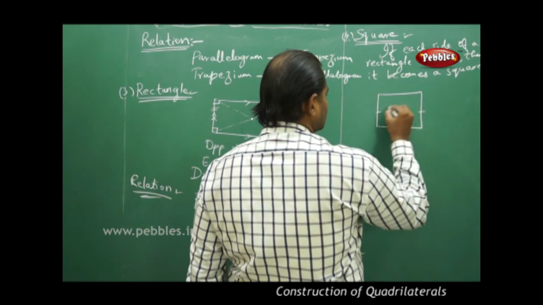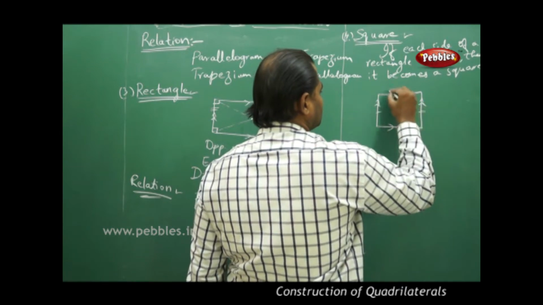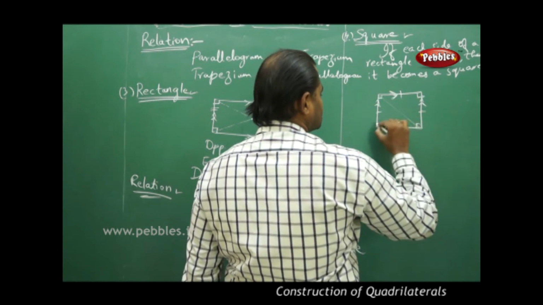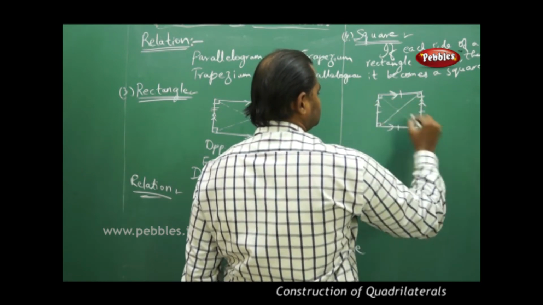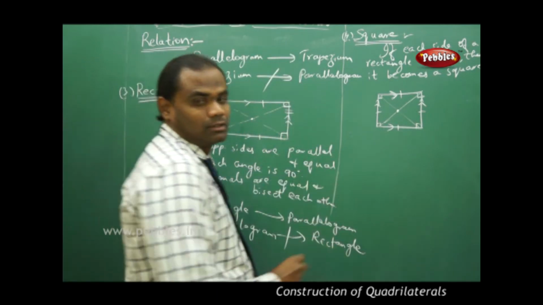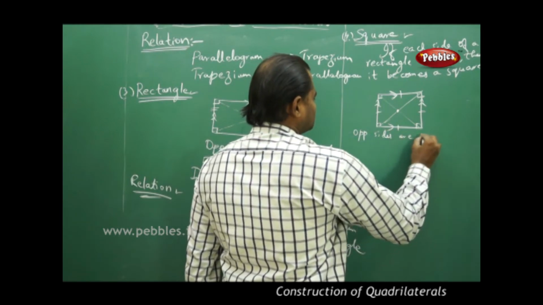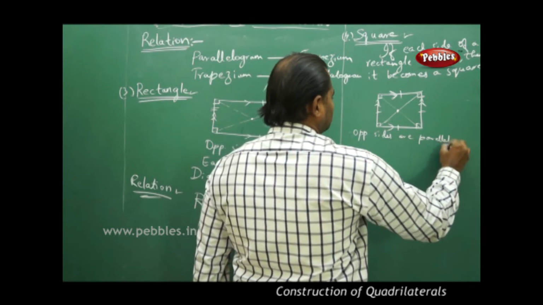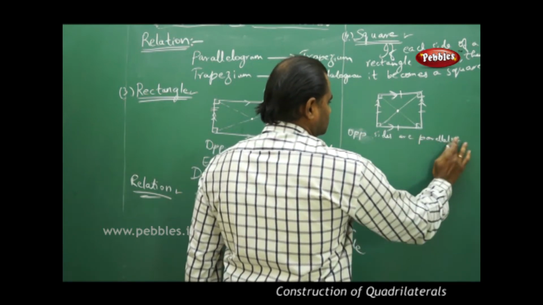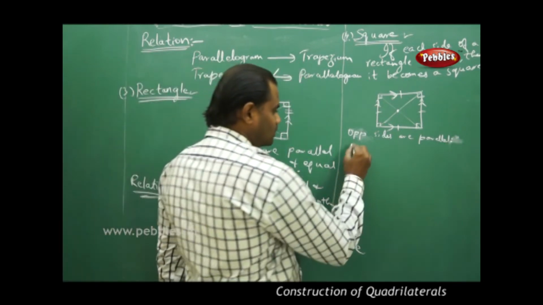So all the four sides are equal and they are parallel. And each angle is 90. And the diagonals bisect and are equal. So all the properties which hold for a rectangle hold here, in the form that in a square opposite sides are parallel, but in a rectangle opposite sides are equal, whereas here all sides are equal.